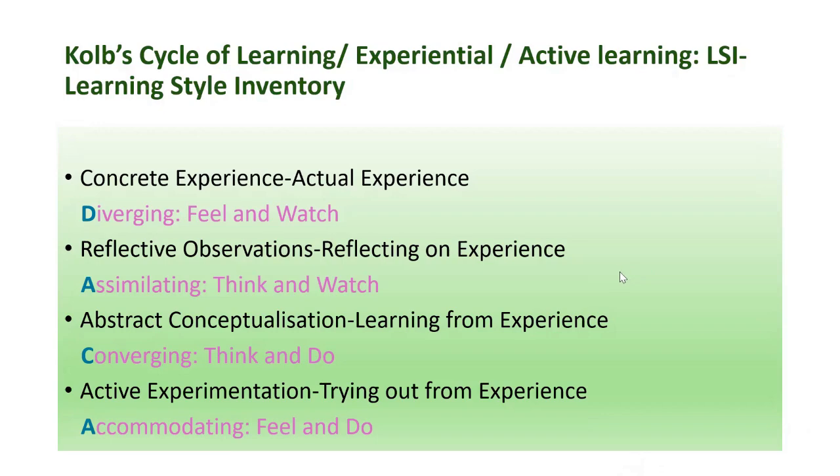So what have we seen? We have seen that there are different types of learners. We have diverging learners, we have assimilating learners, we have converging learners, and we have accommodating learners as well. So, the cycle of learning is very much associated with experiential learning, active learning, and children learn according to this, and every individual also learns according to it. We also follow the same thing.